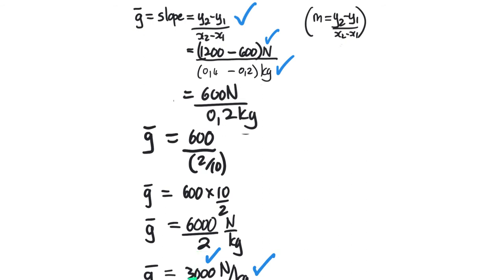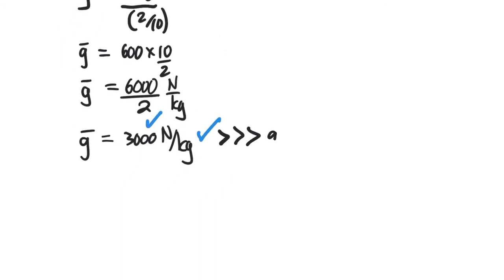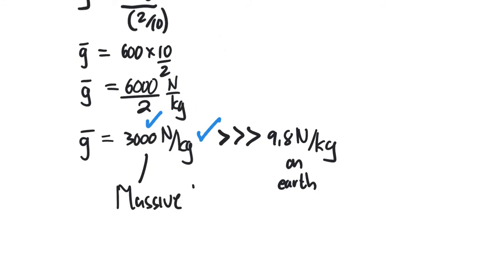And so in actual fact, this gravitational constant would be on a very extreme planet, all right, or star, because this value is much bigger than the value of 9,8 newtons per kilogram on Earth. And so we would probably find that this is on a planet or a star that has a massive mass.